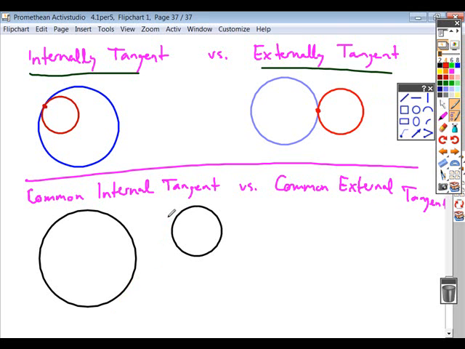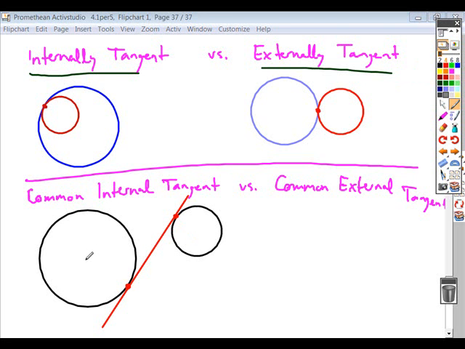Okay, but if you have two circles and there's a line that's tangent to both the circles, that's where the common tangent phrase comes from. And so if you have this tangent segment or line, and it's tangent to two separate circles, it's called a common internal tangent if it passes through or crosses an imaginary line connecting the centers of these circles.